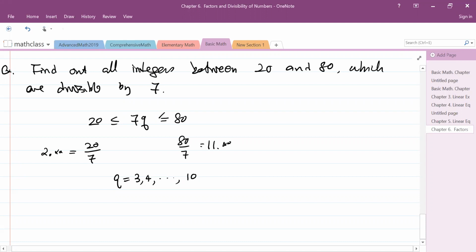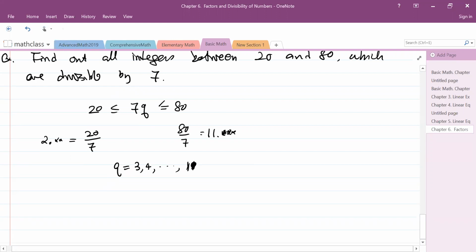Then 80 divided by 7, the Q should be less than or equal to 11 point something. So Q cannot be larger than, wait a minute, should be 11, sorry. Yeah, that's right. It goes to 11, sorry for that.